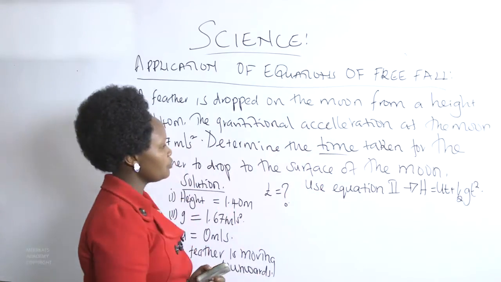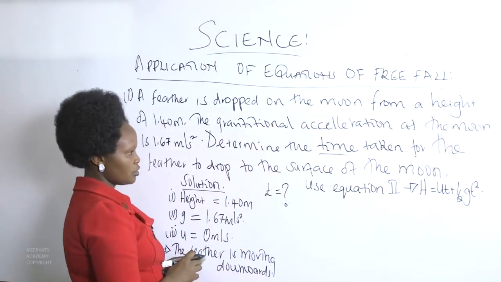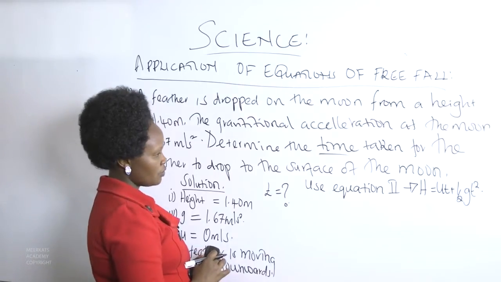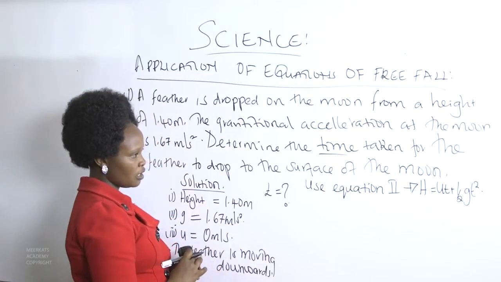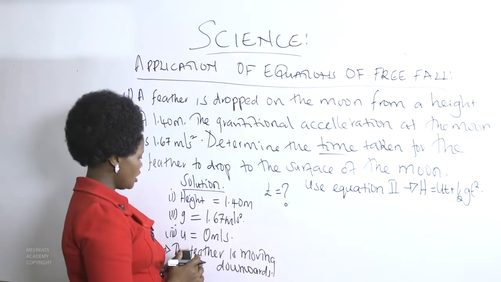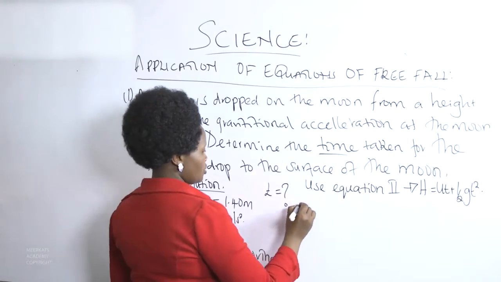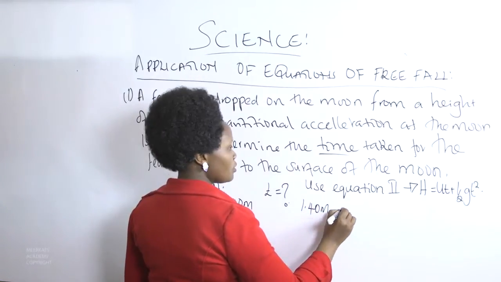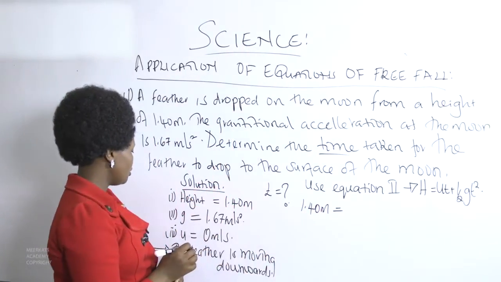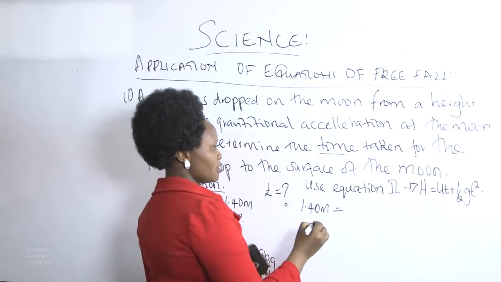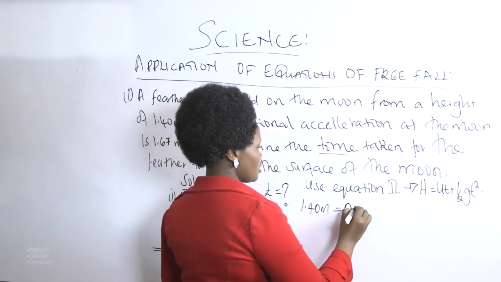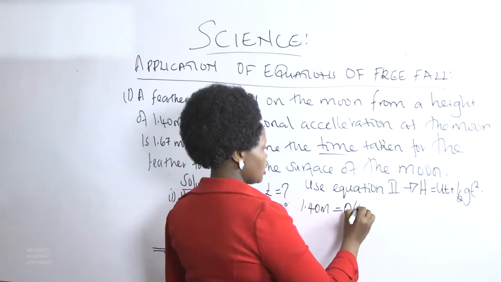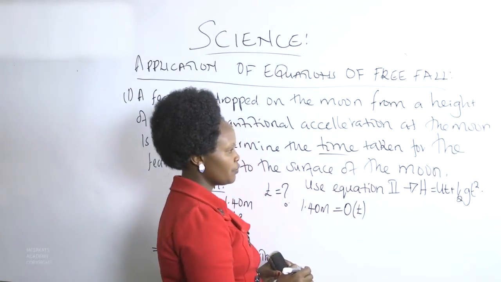Let us now substitute for the values that we have in that equation. h is 1.40 meters. u is 0 meters per second. t is what we are looking for.